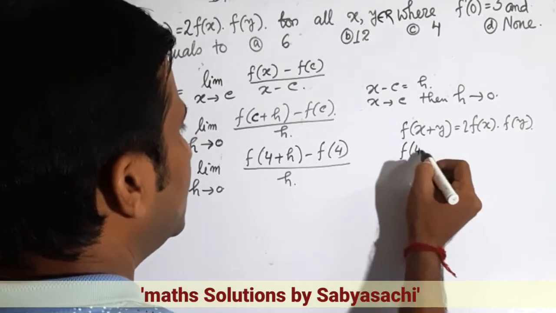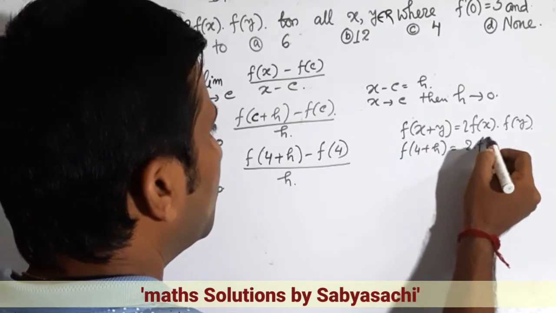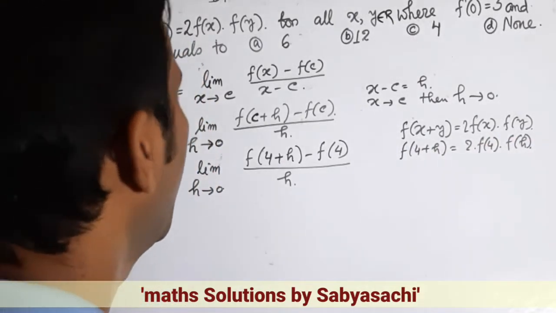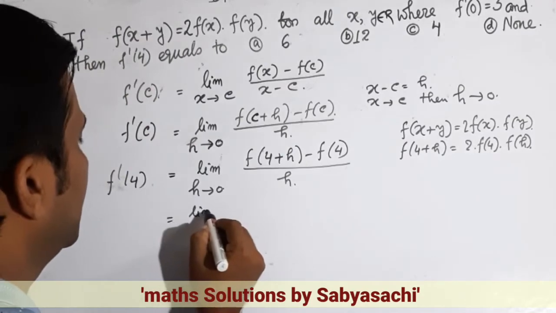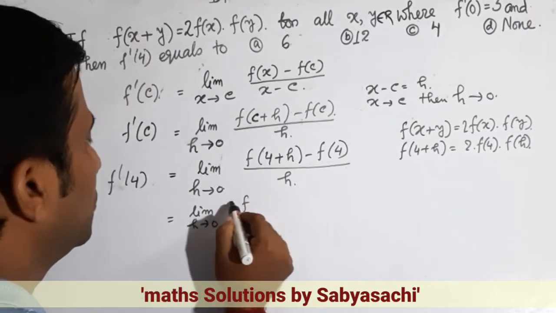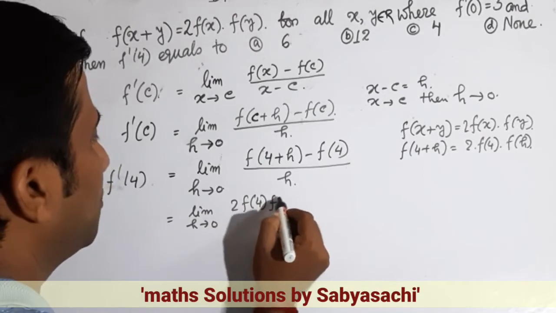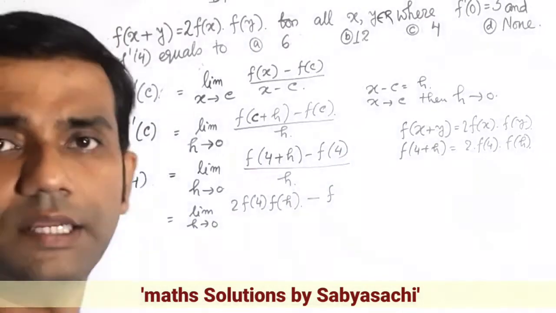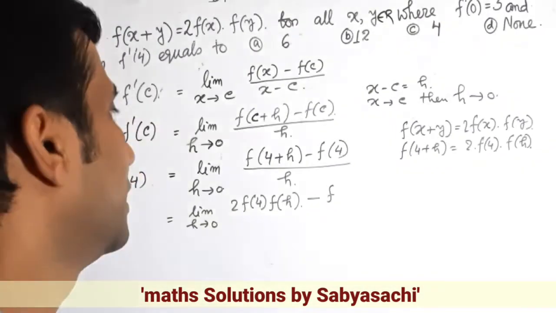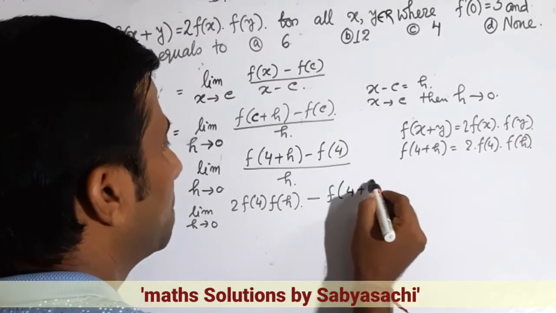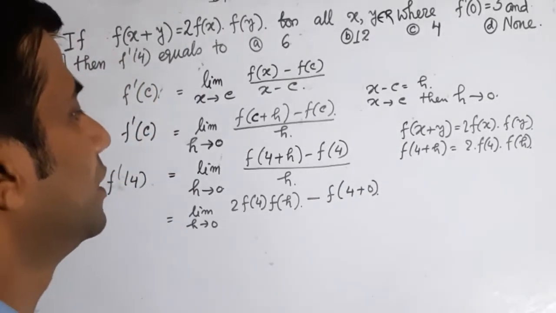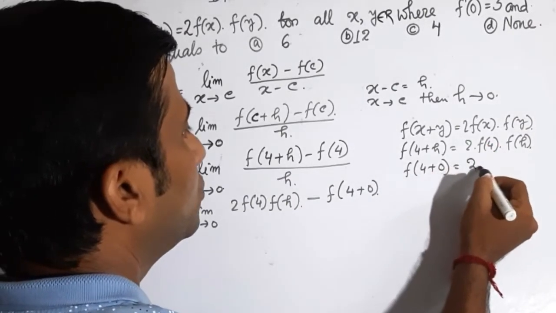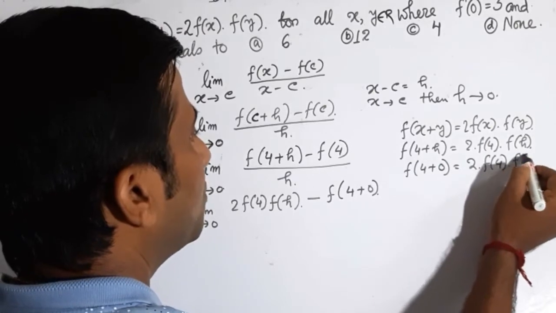So f of 4 plus h is equal to 2 into f of 4 into f of h. You can write f of 4 in this way, that f of 4 plus 0 is equal to 2 into f of 4 into f of 0.